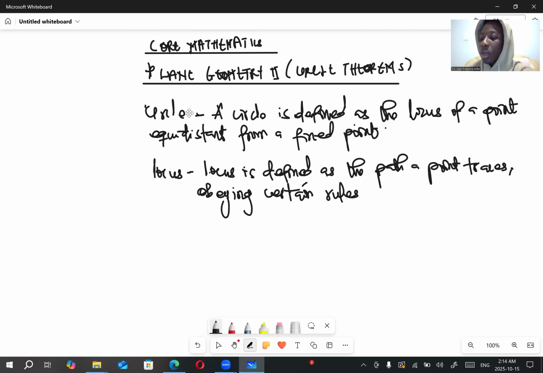Do we understand what path means, right?